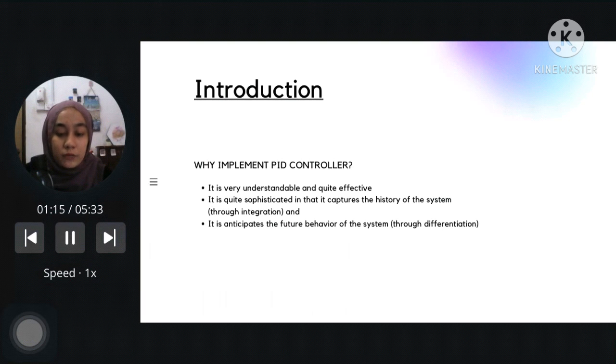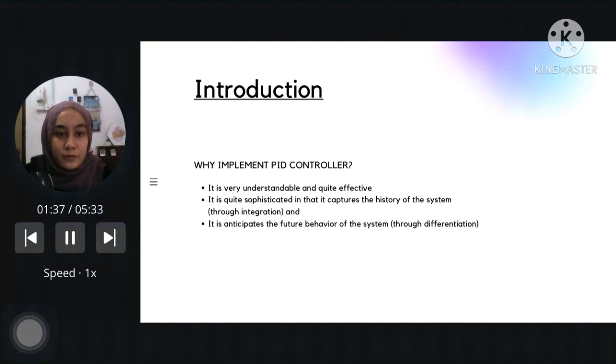Further, even though the compensator is simple, it is quite sophisticated in that it captures the history of the system through the integration and anticipates the future behavior of the system through differentiation.